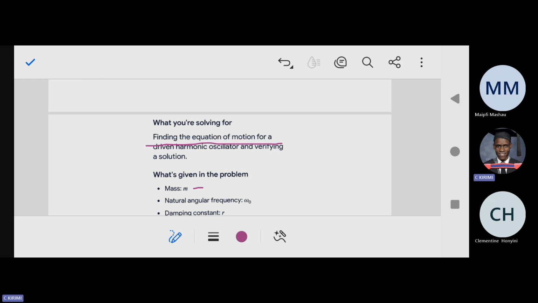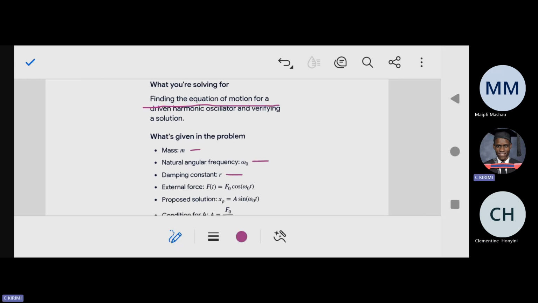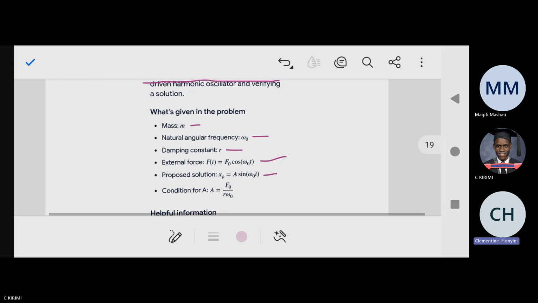Then the natural angular frequency, W naught. So you must know the unit. The damping constant, R. The external force given by the function F naught cos omega t. And the particular solution, which is given by A sine omega t. So this is just given information.